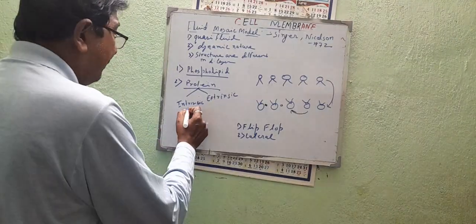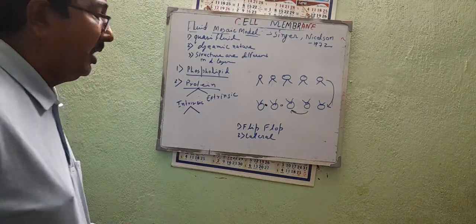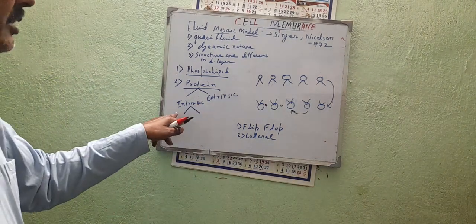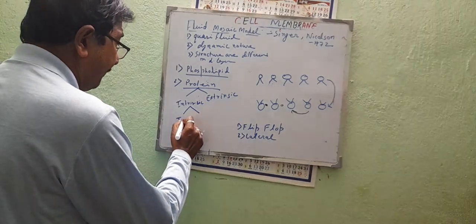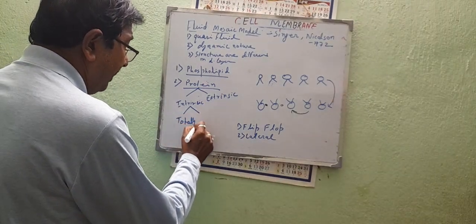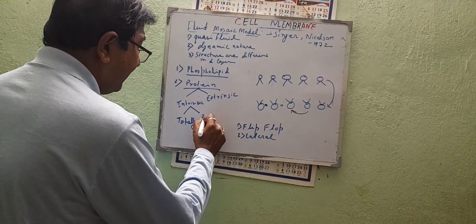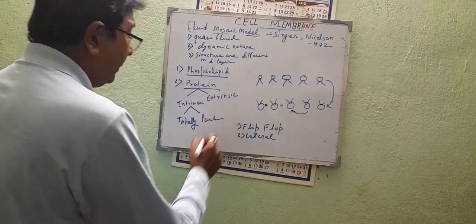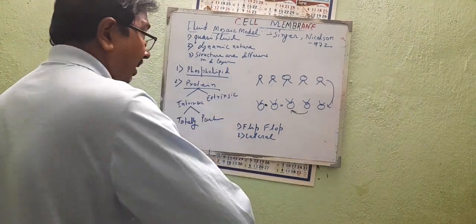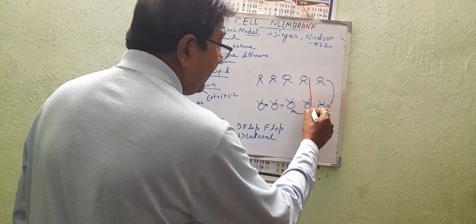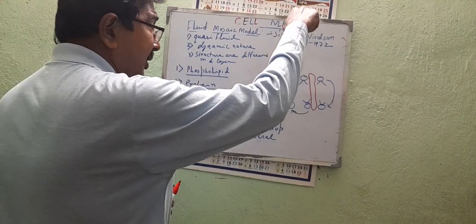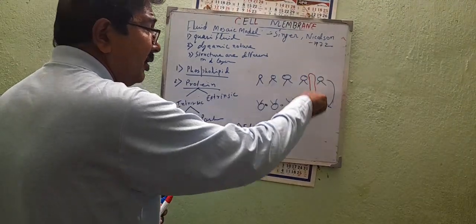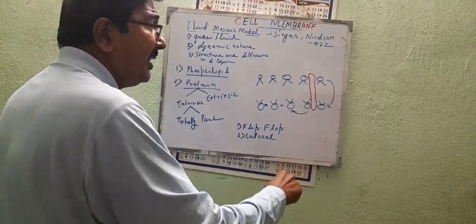And intrinsic protein is also of two types. One is totally buried, another is partially buried. Suppose this protein is totally buried, totally covering the two layers of the plasma membrane.